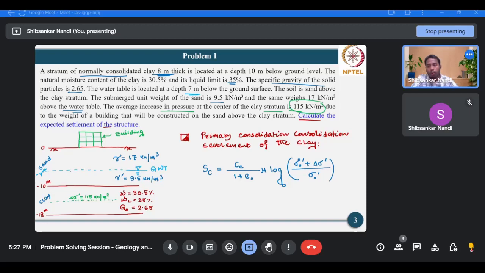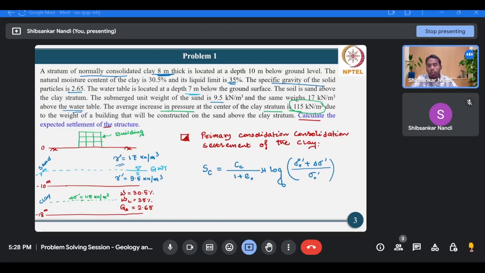Now, this sand layer has a total thickness of 10 meter, and out of this, the initial 7 meter is above the groundwater table. That means we have to use the bulk unit weight, whereas the remaining 3 meter is under the groundwater table.